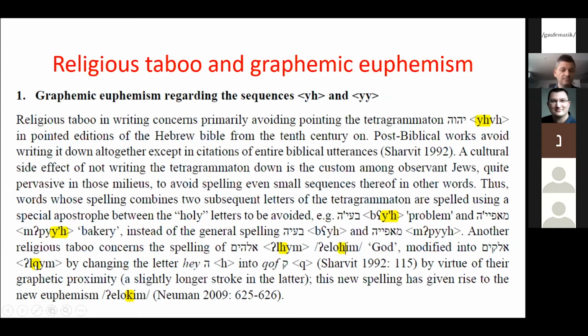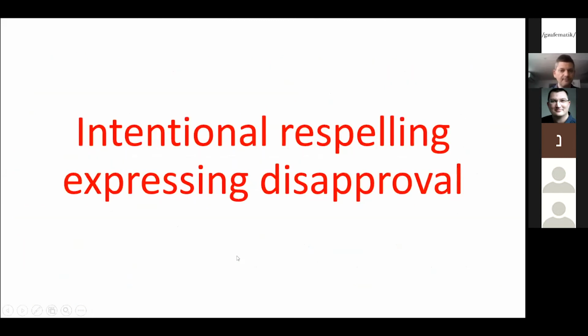It also engendered a difference in pronunciation, and people say a different form instead of Elohim. It has had some repercussions on pronunciation. It has created a new word that comes from a graphemic taboo, with some graphic resemblance between the hey and the kuf.